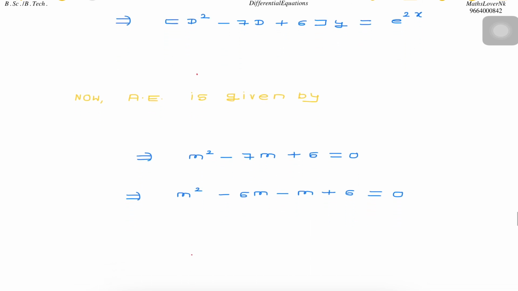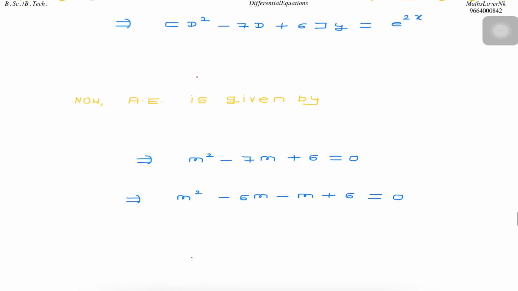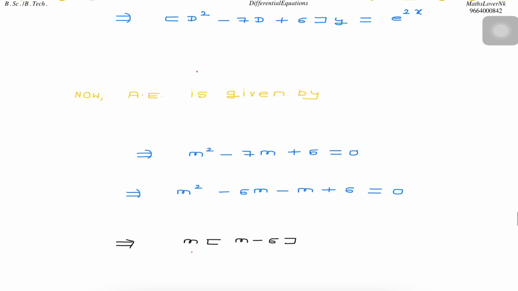Take out m as a common, then we get m into m minus 6, and taking minus 1 as a common, we get minus 1 into m minus 6, is equal to 0.